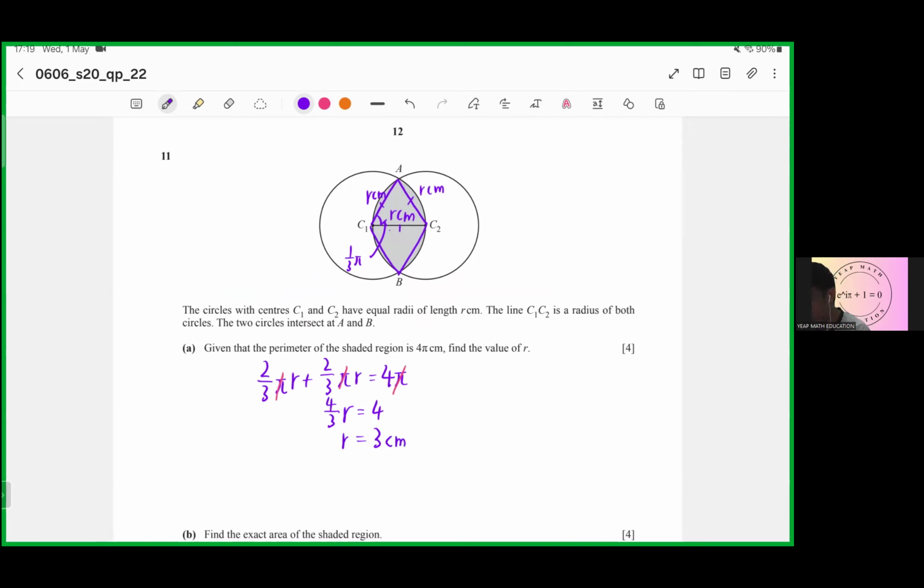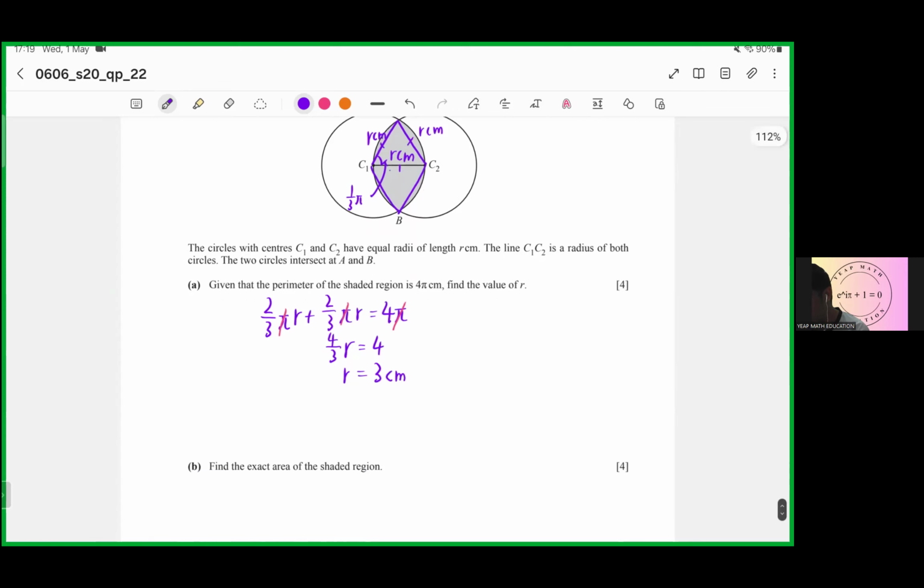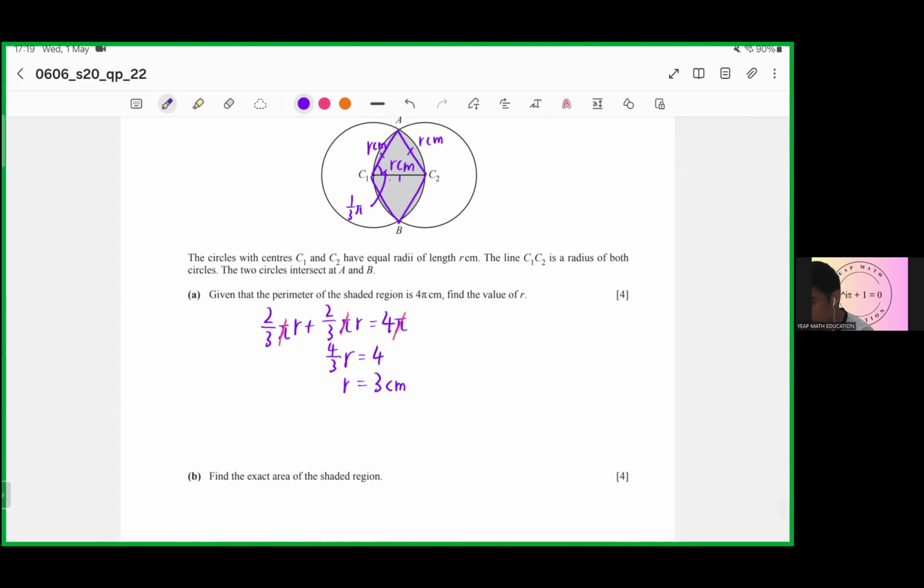Okay, now we look at the next question. Find the exact area of the shaded region.